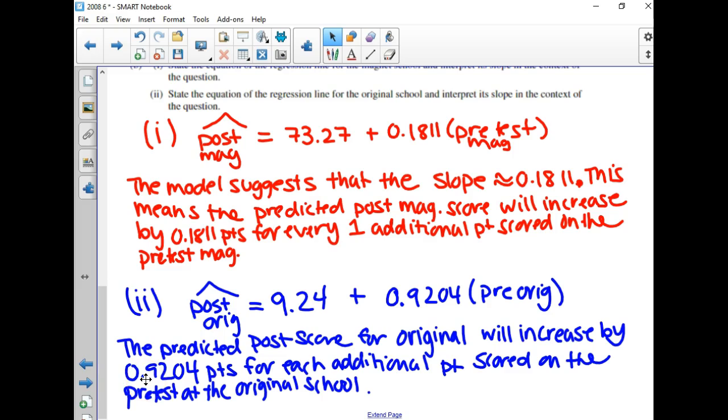So that's the change in Y, your rise over your run, right? So your rise is here for each additional 1 unit, each additional point scored on the pretest at the original school. So you can see my wording's a little bit different, but it's all the same outline. You're talking about the predicted Y will change by the slope for every 1 additional X unit.